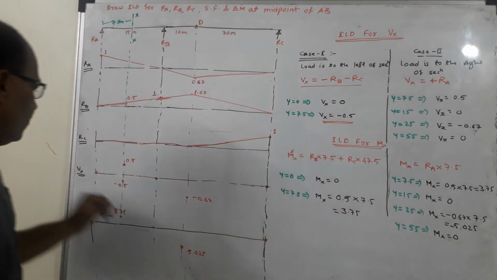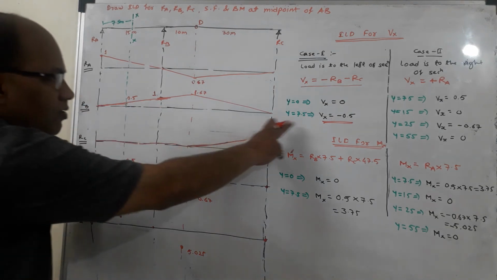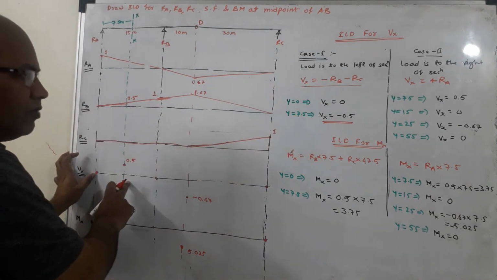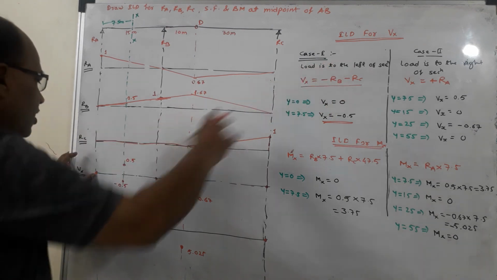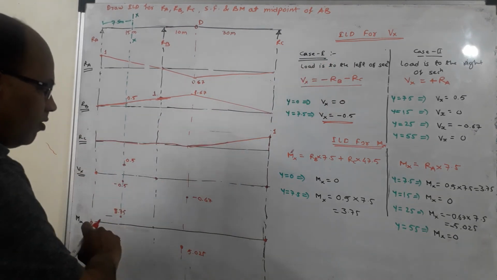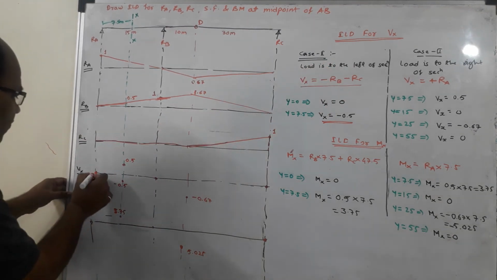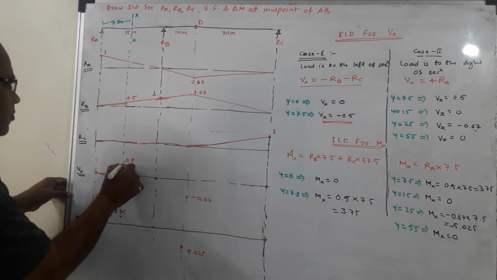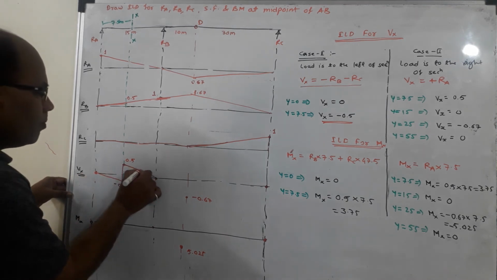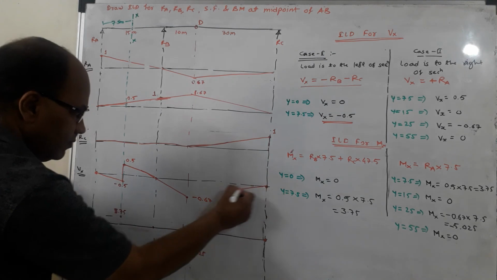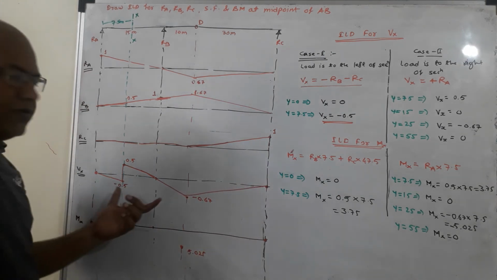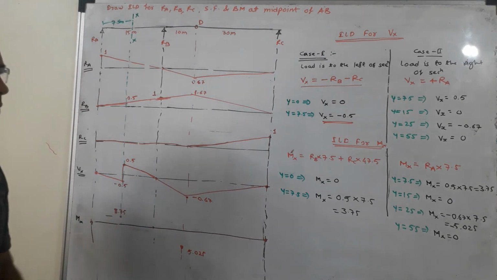When y is 0, Vx is 0. When y is 7.5, minus 0.5. When y is 7.5 again, it is plus 0.5. So this is how I have plotted these values, and I will be joining these positions by means of straight lines. So this gives us the ILD for Vx.